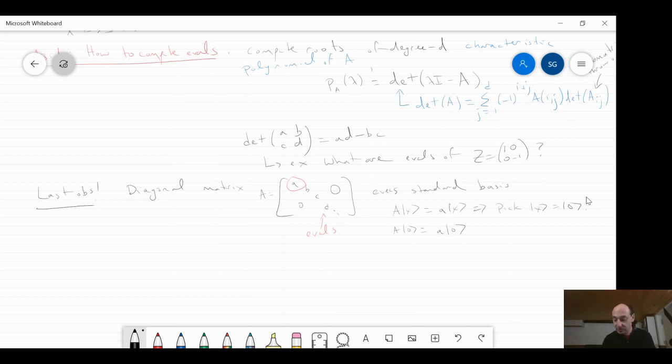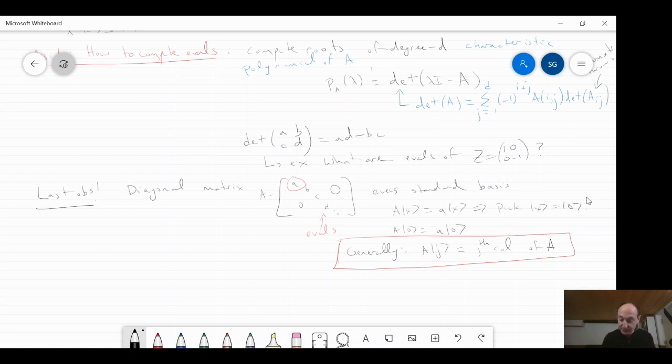More generally, A times any standard basis vector, pick your favorite one, will just be the jth column. It's going to rip out the jth column of A. This is a very nice and important fact to know. It will save you a lot of time in this course. If you multiply by the jth standard basis vector, it always extracts the jth column out of A for you.